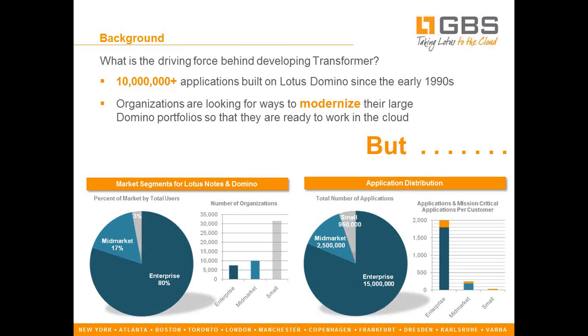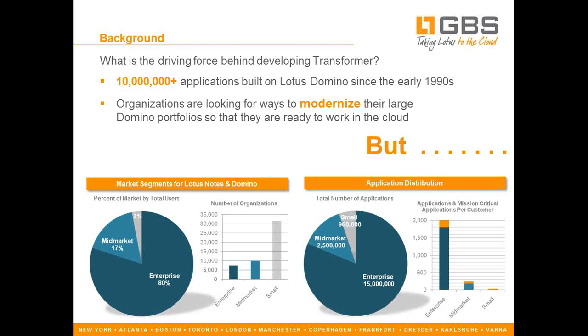Now, a large number of these organizations are looking for ways to modernize these Domino application portfolios so that they can move into a cloud-based model for application delivery, because everyone is starting to recognize that, depending on the institution type, for example organization vertical, a cloud-based delivery model has substantial benefits for them in the long term when it comes to delivering applications to their user groups.